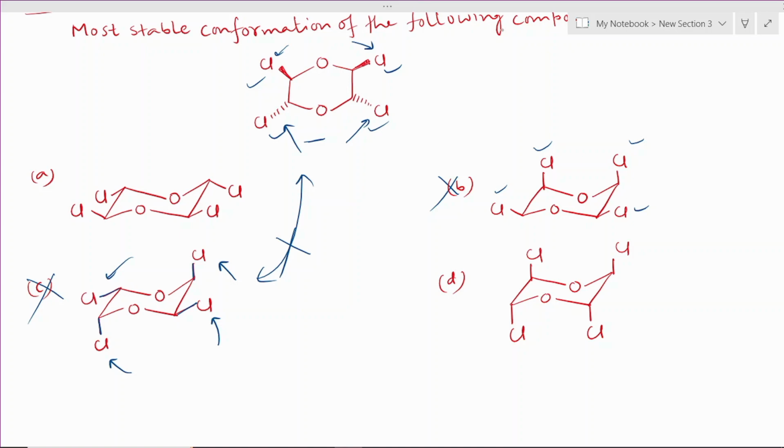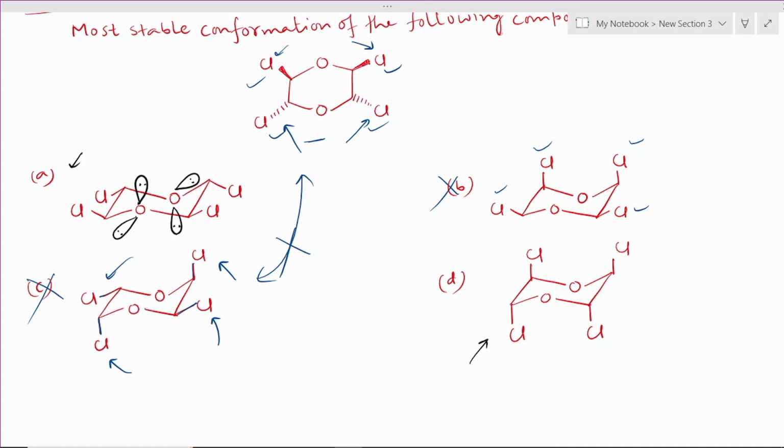Now we have to find out the total number of anomeric effects possible in A and D. So if we draw the lone pairs correctly, it is the axial lone pair and it is the equatorial lone pair. Similarly, it is the equatorial lone pair and it is the axial lone pair.